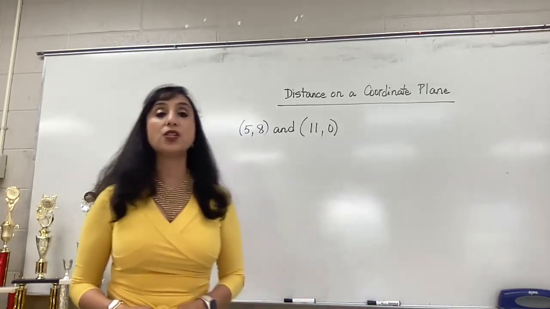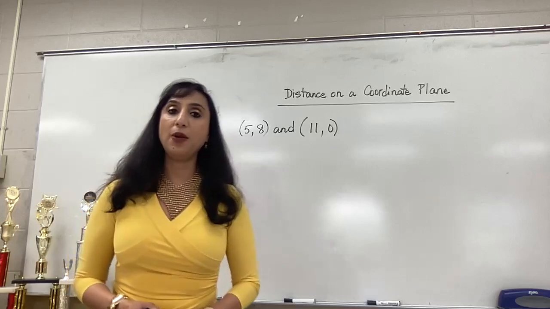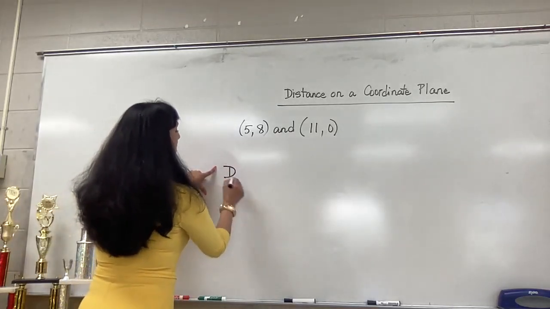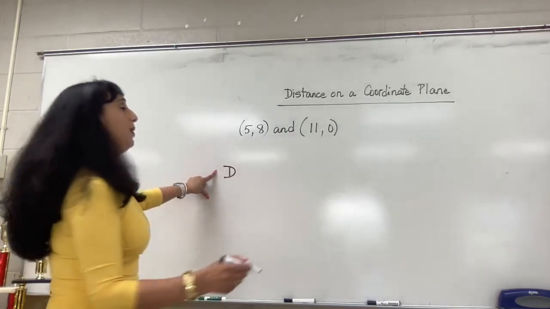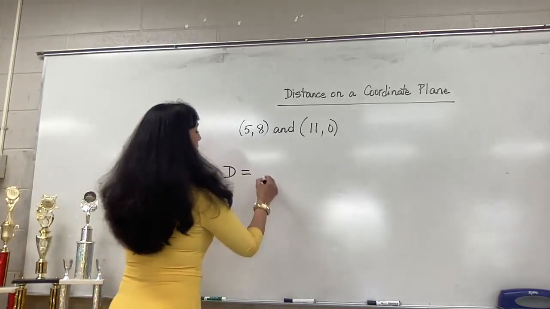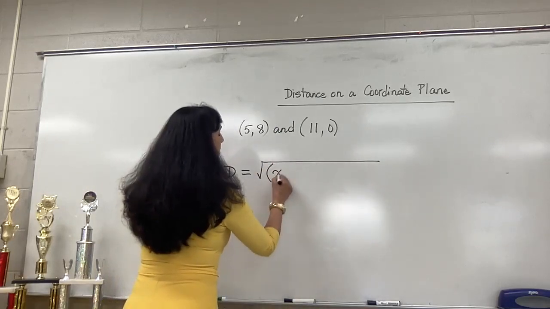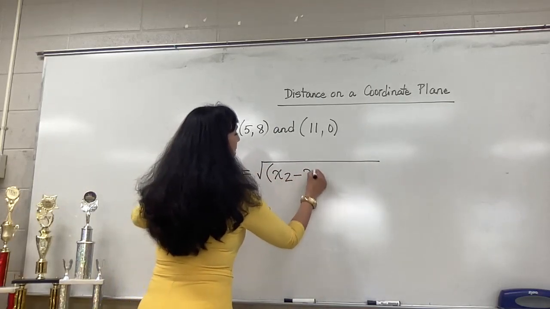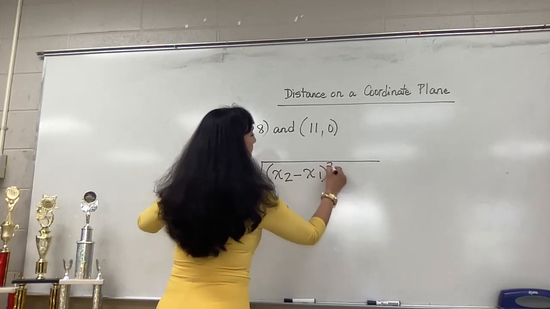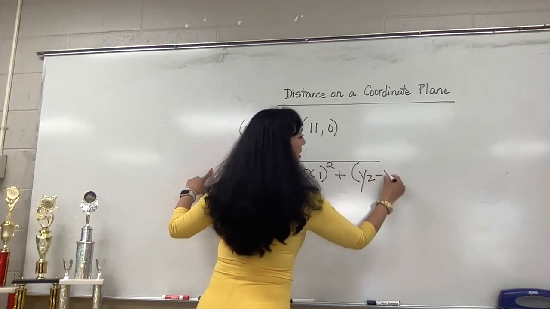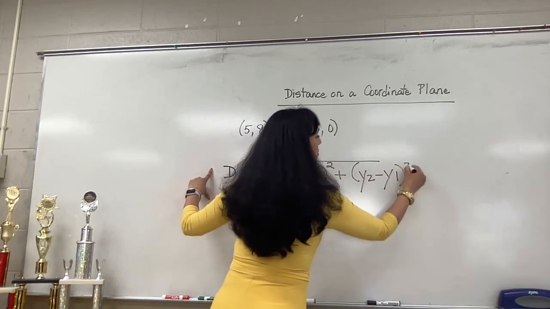There is a formula that is used for this. Distance on a coordinate plane is equal to the square root of (x2 minus x1) squared plus (y2 minus y1) squared.